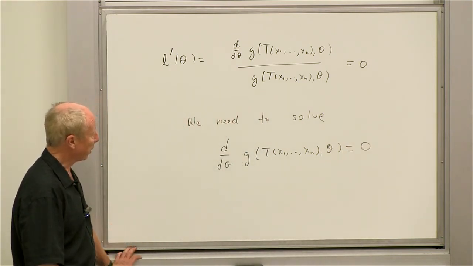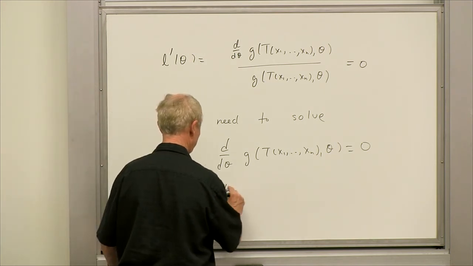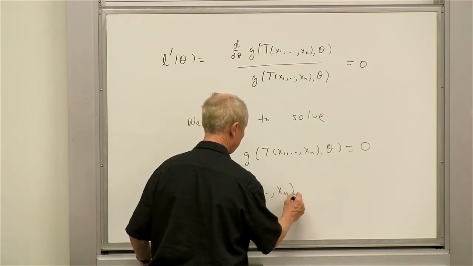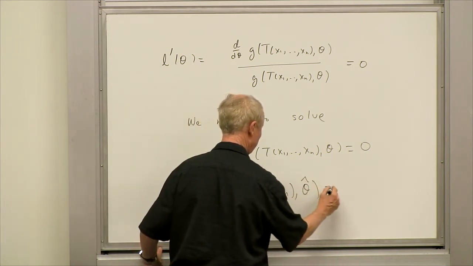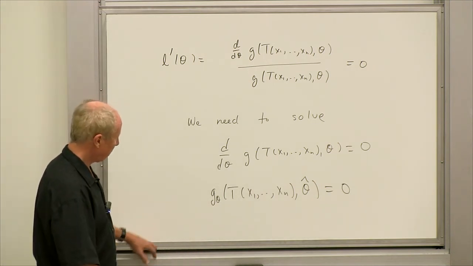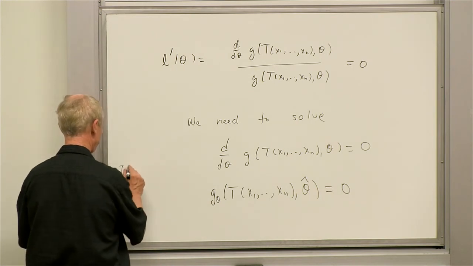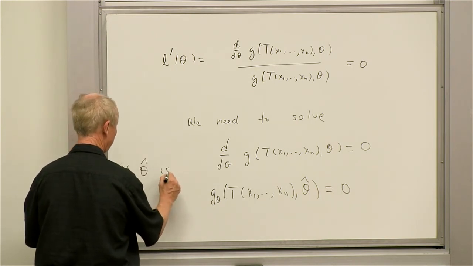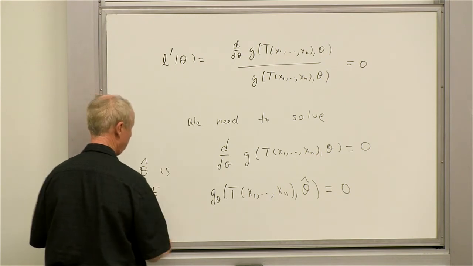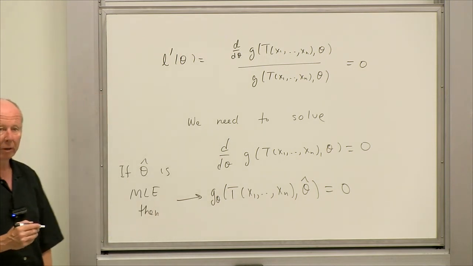So what does that say about the dependence of the MLE? If theta hat is the MLE, it satisfies this equation. So how does the MLE depend on the data?